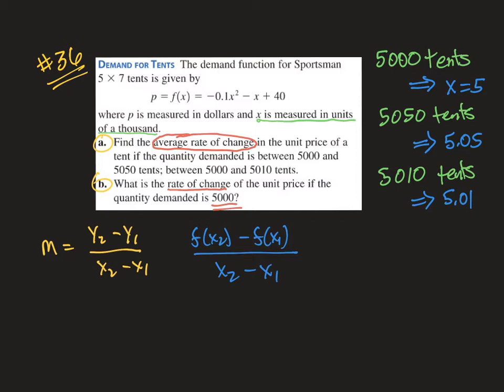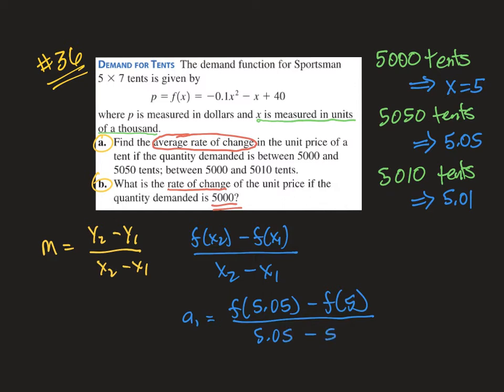Now, what that means for us is we have to do this calculation, and we're actually going to do two calculations, but it'll look like this when we write this out. So for the first part of letter A, I'll call that A1, we're going to need to do the calculation f of 5.05 minus f of 5 divided by 5.05 minus 5.